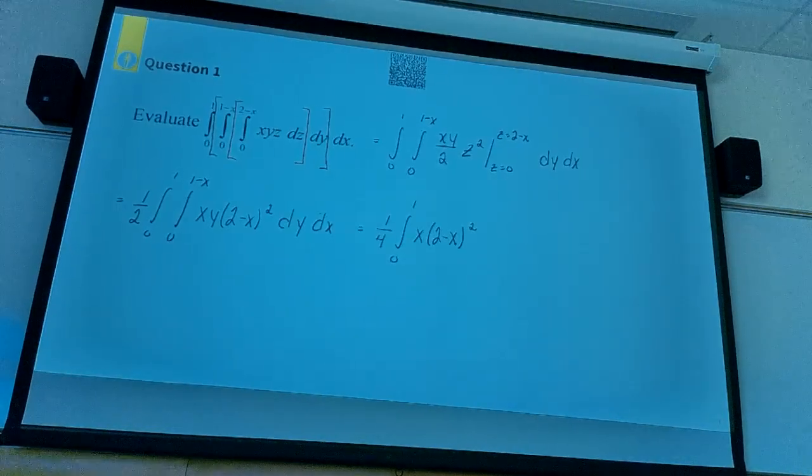The x and the 2 minus x quantity squared, they're both constant with respect to y. That means we're only doing the antiderivative of y, which is y squared over 2.